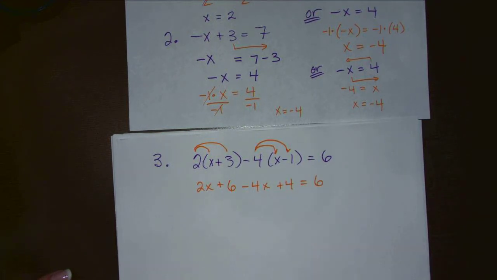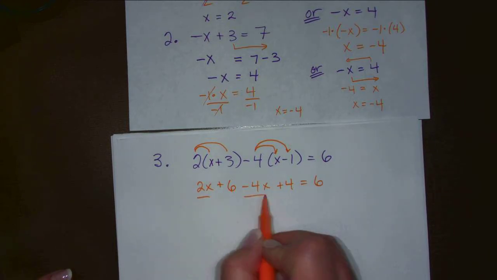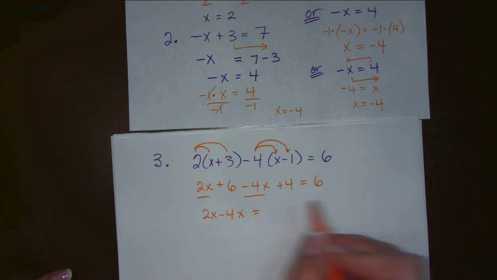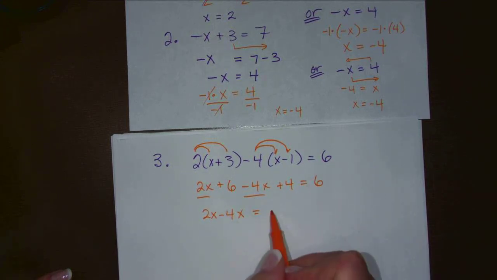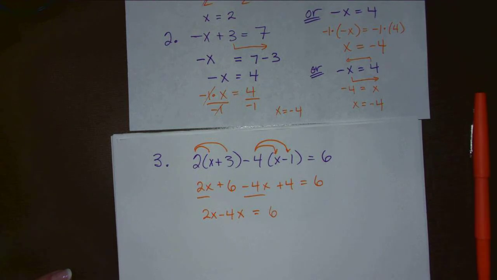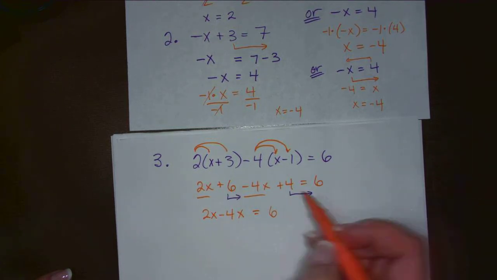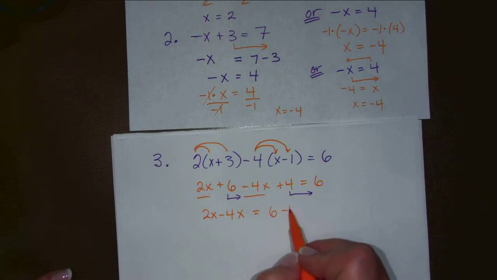And then we do the same thing we just did, but now we can collect like terms, just like we did when we were simplifying. X's add with x's, so we've got a 2x minus 4x on the left-hand side. We've got a 6 on the right-hand side, and we want to move the 4 over and the 6 over. So that's a positive 4, it will become a minus 4.